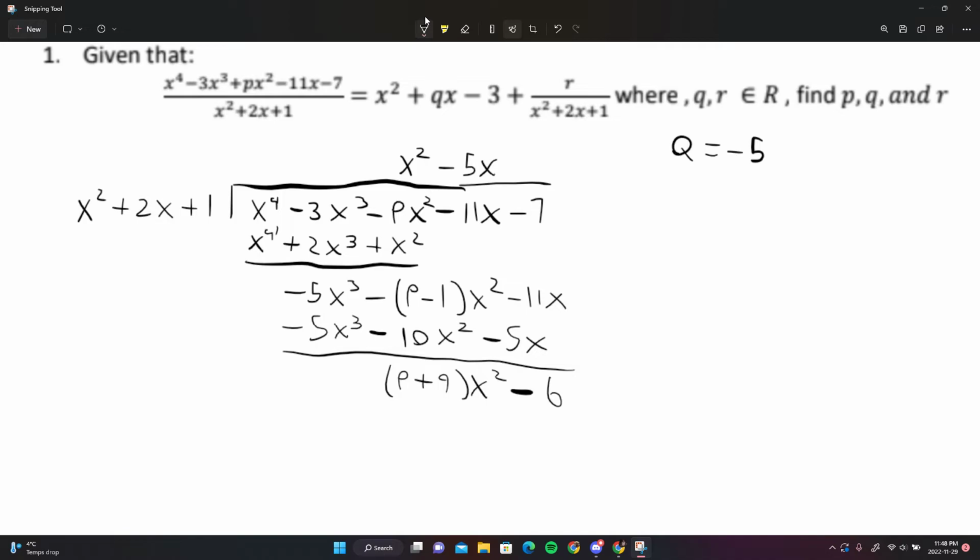Next we are actually going to find the value of p. And we know from the quotient in the question that the value of p is just negative 3, right? Oh, sorry, I forgot to make this negative p plus 9. That's important. But anyways, we know that this just belongs at the top of the bracket here, right?